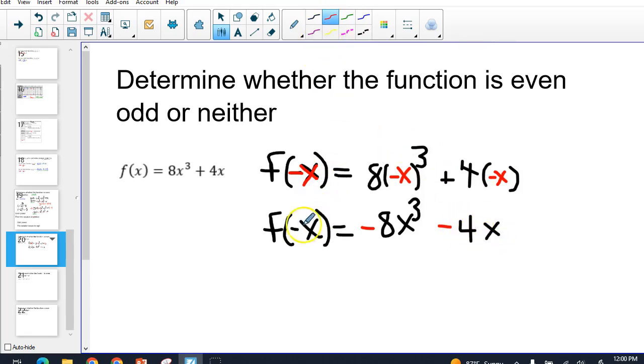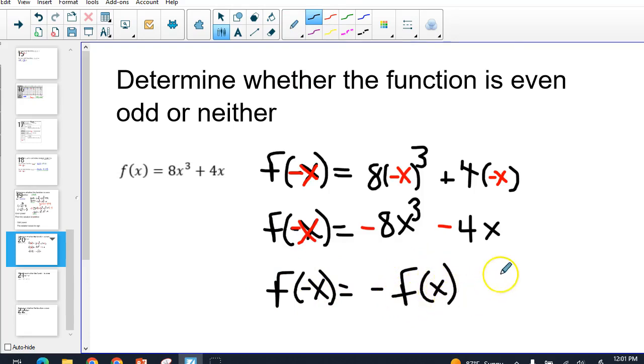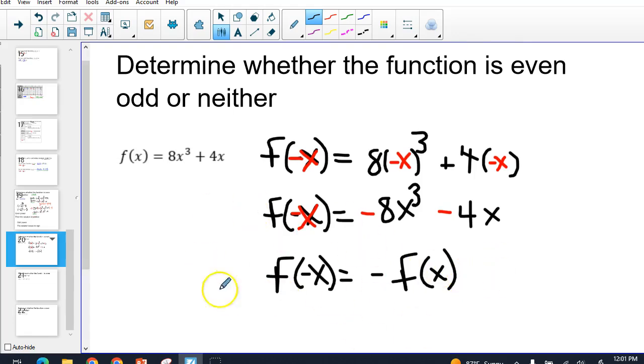I want you to notice something. See how all of our signs change from a positive to a negative? That's the same pattern we saw with the last one. So our f of -x function is equal to our negative f of x function. And we're done. Since we found a pattern, we know that this is going to be an odd function.